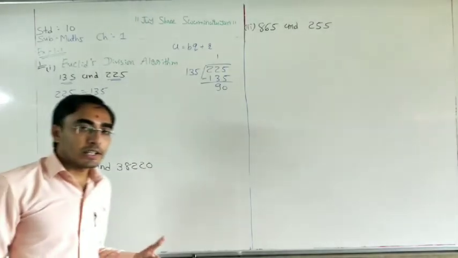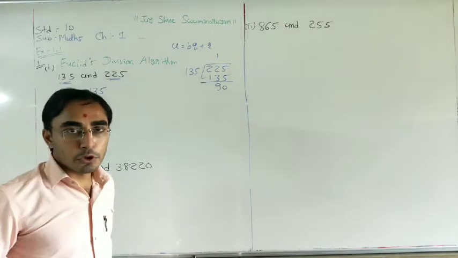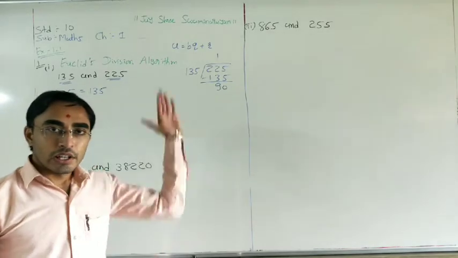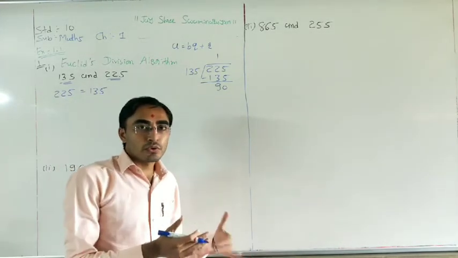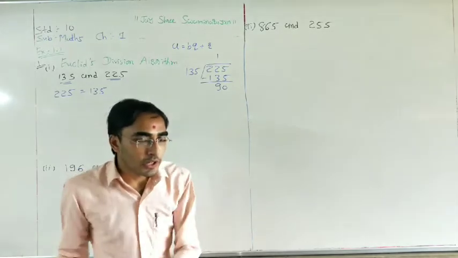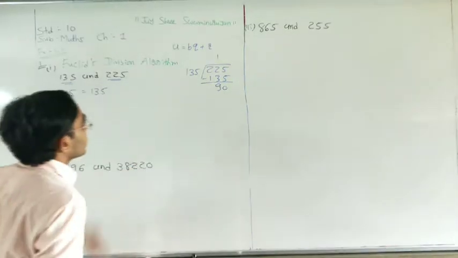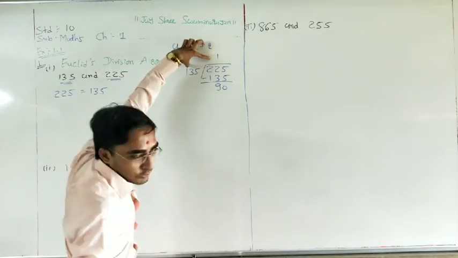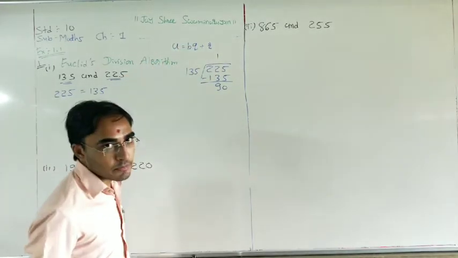We already learned in chapter 2, polynomials, that p(x) = g(x) q(x) + r(x). The same thing we need to do here. 225 is equal to the multiplication of these two numbers plus the remainder.